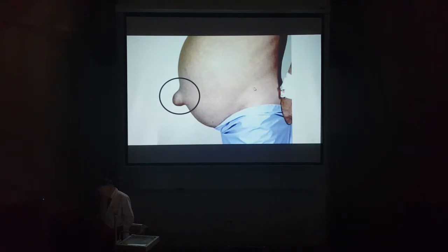People who have increased intra-abdominal pressure because of chronic severe cough, or problem of the prostate, where the person strains whenever he passes urine, or because of collection of fluid in the abdominal cavity.